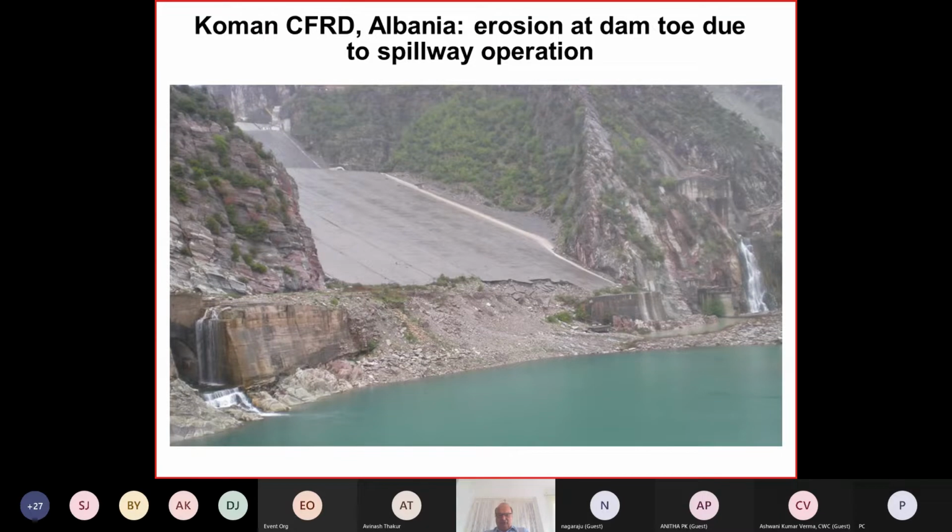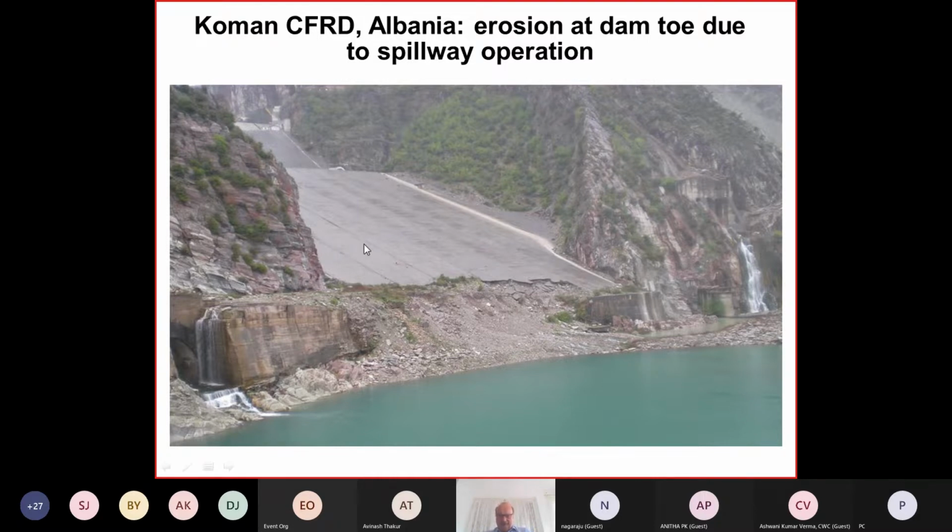The other one is we worked quite a bit in Albania. People were concerned with also concrete face rockfill dams. It was designed at that time just after the Cultural Revolution in China by Chinese, because they had close cooperation with China. And since the dam was made basically of gravel material, they also have a surface protection here.